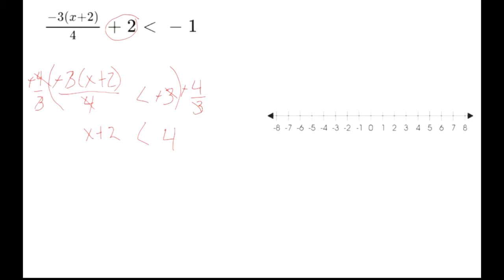I copied down the less than symbol. Since I essentially multiplied by a negative number to both sides, I actually have to flip that symbol. So I need to erase that and go from less than to greater than. Now, all I got to do is subtract 2 from both sides. And that will give me that x is greater than 4.